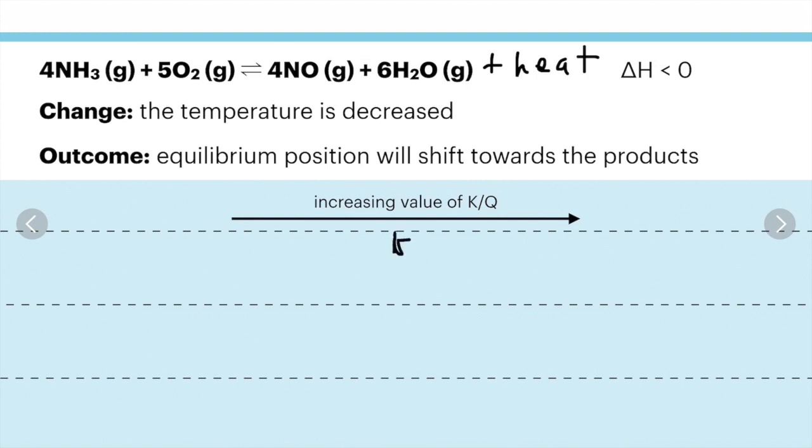So initially, K and Q are equal. And then when the temperature is decreased, the equilibrium shifts towards the products, towards the heat, which will result in a higher K value. So K increases and Q stays the same. And finally, Q shifts to the right towards K so that they are equal to each other.